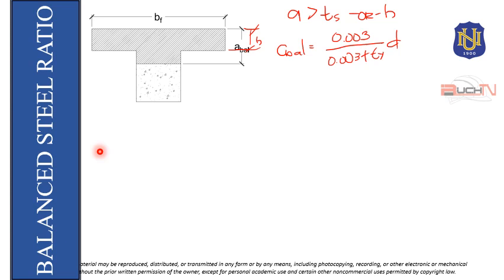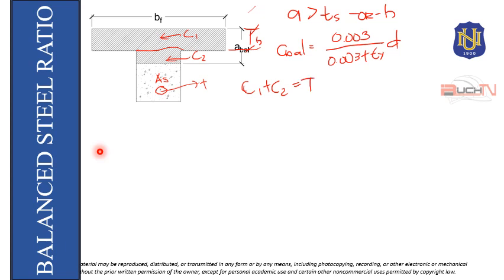Let's say, meron tong steel dito sa baba, which is AS. So, start tayo sa equilibrium equation. So, since dalawa yun, pwede kasi nating hati-hatiin to dito. So, that will be, ito si C1, ito si C2, tapos ito yung T. So, that will be C1 plus C2 is equal to T.